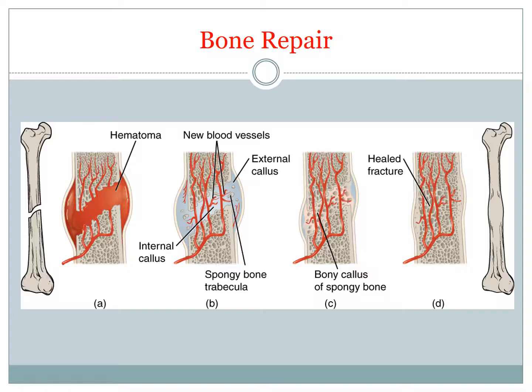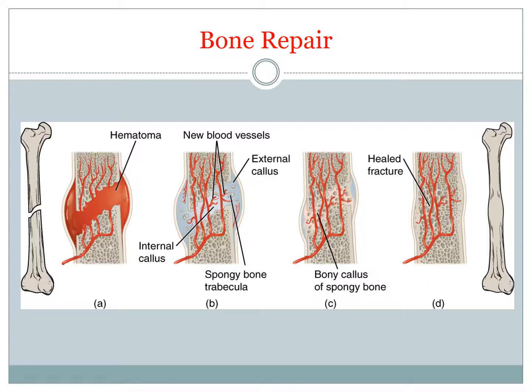Then a fibrocartilage callus forms. Capillaries grow into the hematoma and phagocytic cells invade the area. Within about 48 hours after the fracture, chondrocytes from the endosteum have created an internal callus by secreting a fibrocartilage matrix between the two ends of the broken bone.